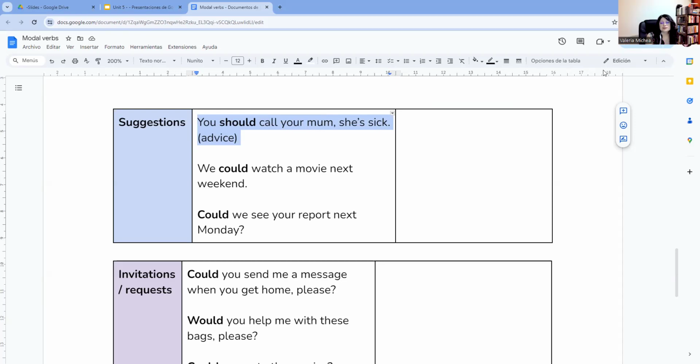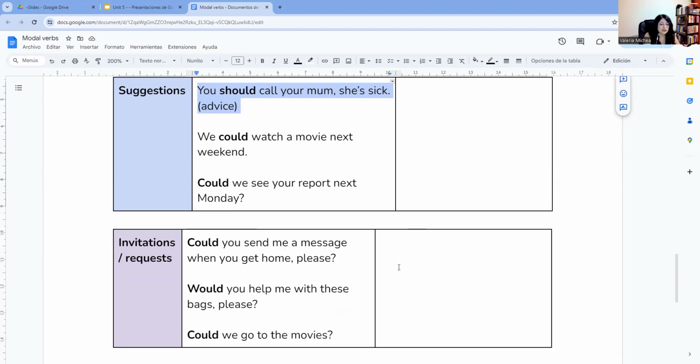So yeah, we need to keep in mind that the context is going to tell us what we mean or what another person means. And it also depends on the relationship that you have with another person. Yep. So all of them depend on the context.